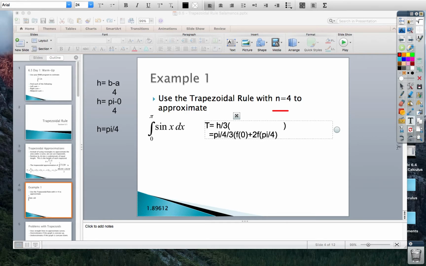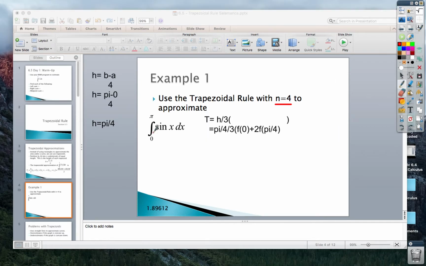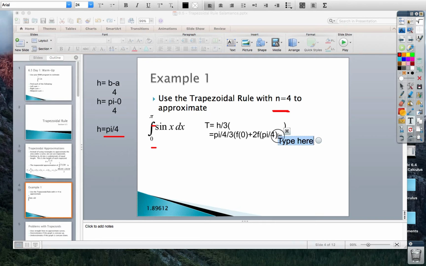What we're doing here is we took our height, because we split them up into 4 equal intervals, and we're finding the height of each one. Because our h is pi divided by 4, we start off at our lower limit 0, we should end up at our pi. Moving forward, we're going to have plus 2 times the function of 2 pi divided by 4.